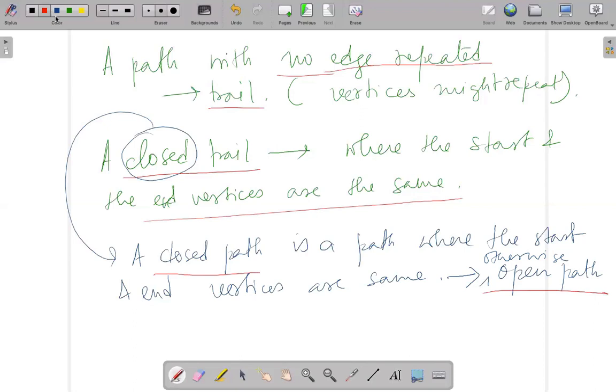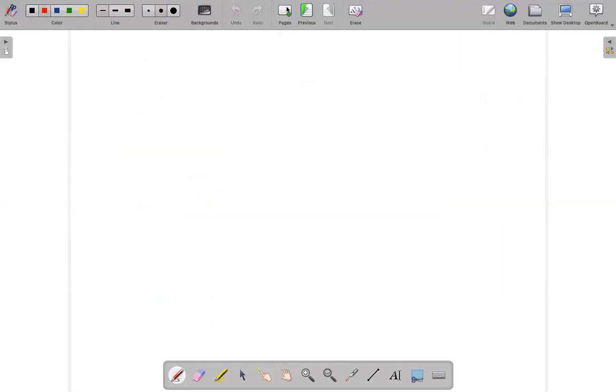So if the start and the end vertices are not the same, then it is an open path. Edge repetition is allowed in an open path, or also in a closed path. However, if this path is a trail, then edge repetition is not allowed.